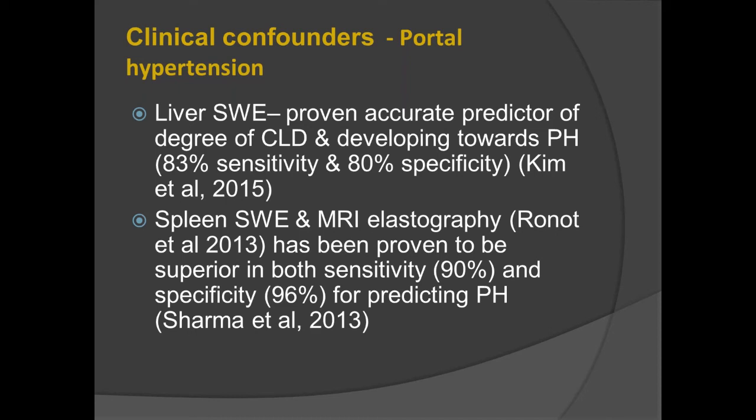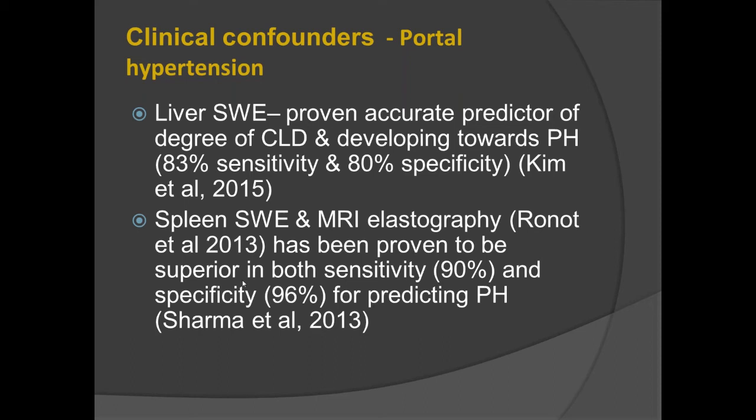So people would like us to be able to replace annual endoscopic review of patients' varices with a non-invasive test. And rather than the liver shear wave being a predictor of portal hypertension, people have found that spleen shear waves are superior in predicting sensitivity and specificity of portal hypertension than the liver.